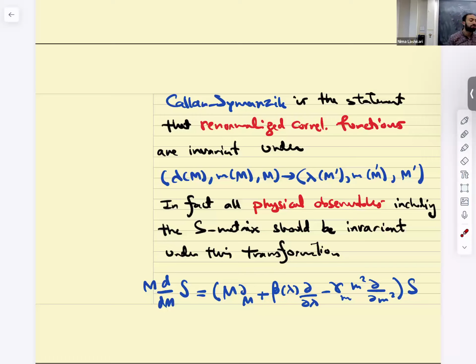Yes, electron charge is a coupling. Couplings technically are not observables. Couplings are deduced from measuring correlation functions. So maybe this wording of it was a little bit strong, that all physical observables should be invariant under this. Would it be more accurate to say that amplitudes and correlation functions are what we actually observe, and couplings are what we derive from that? Yes, we deduce them.